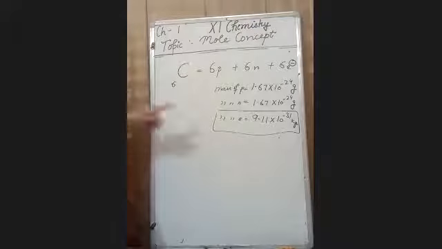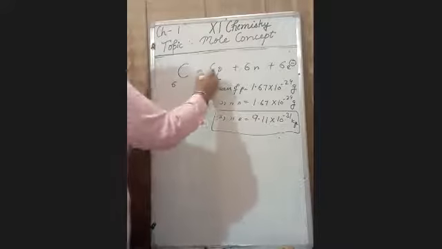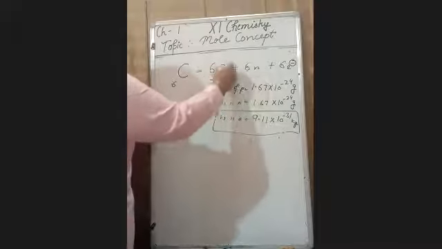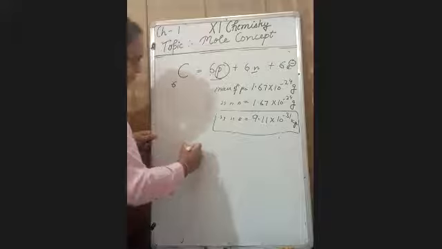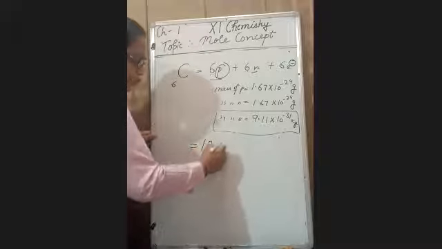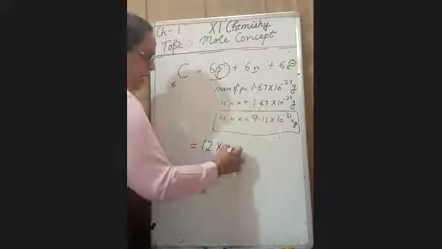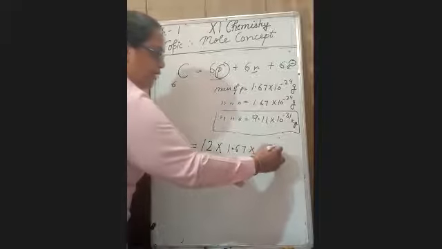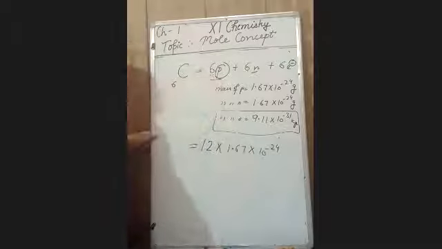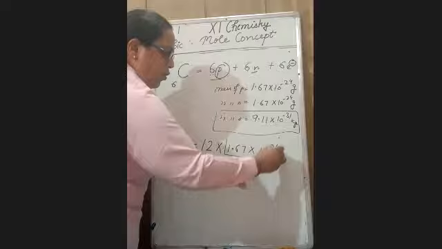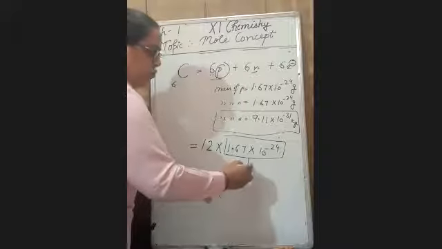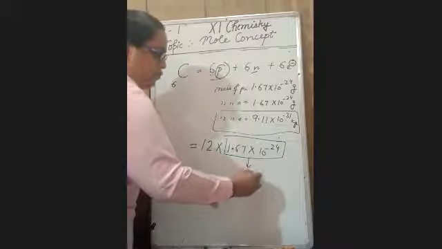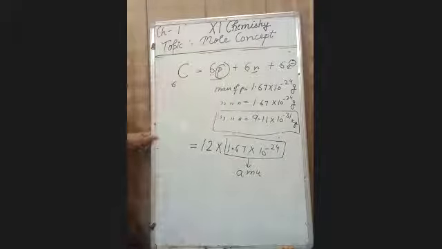Fine. So if I say calculate the mass of carbon atom, you will do 6 plus 6, because the masses of proton and neutron are the same, which is equal to 12 into 1.67 into 10 raised to power minus 24. And my dear students, this value is also equal to 12 AMU, atomic mass unit.